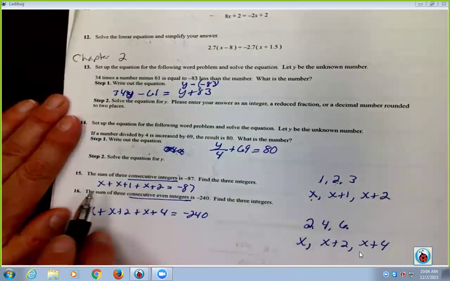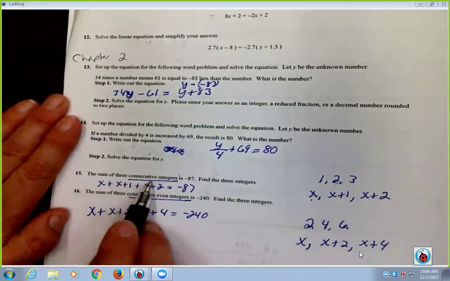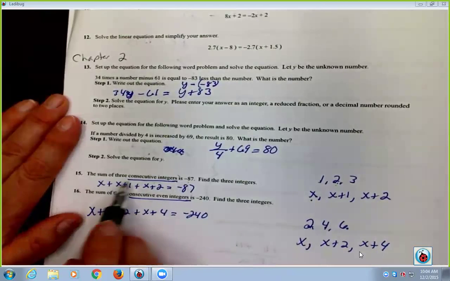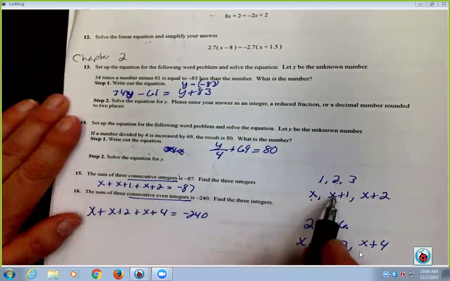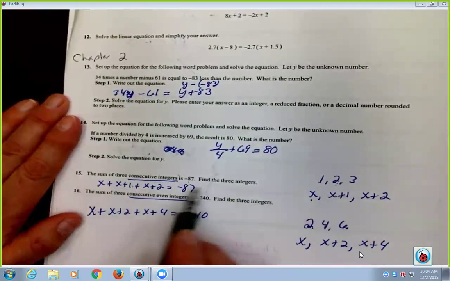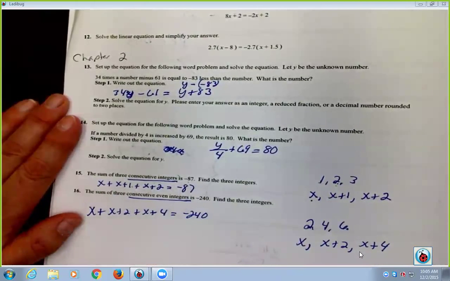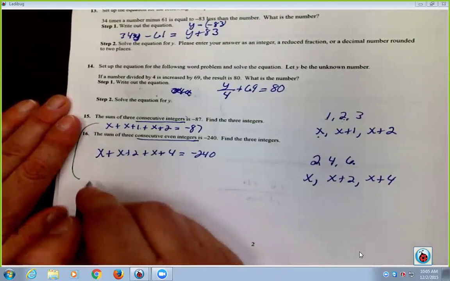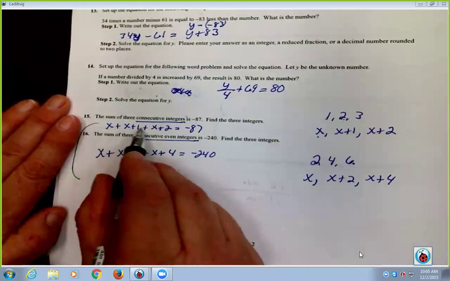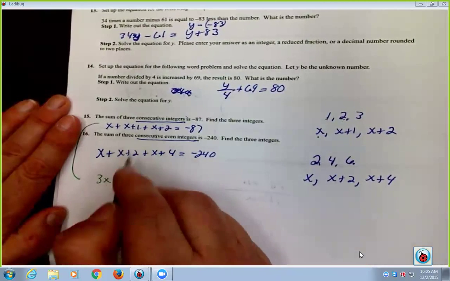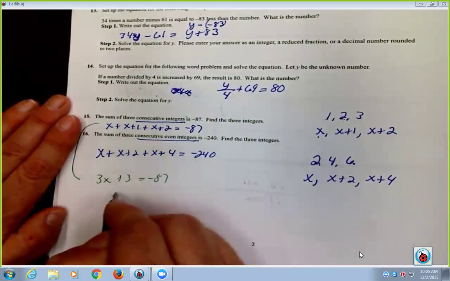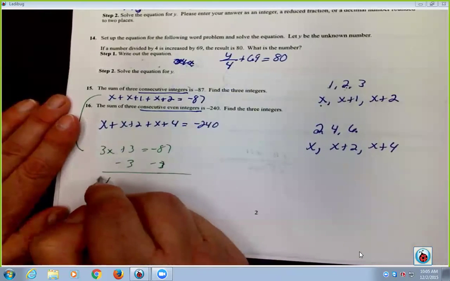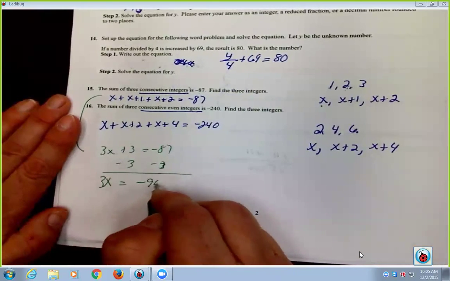Then it says the sum of 3 consecutive integers is negative 87. Find the 3 integers. So x plus x plus 1, the second one, plus x plus 2, my third one, is equal to negative 87. Then you finish it by putting all your x's together. x plus x plus x is 3x. 1 plus 2 is 3. Subtract 3, and I find out that 3x is equal to negative 90.